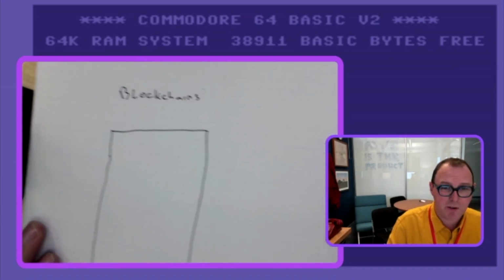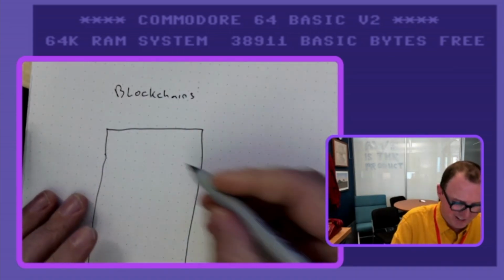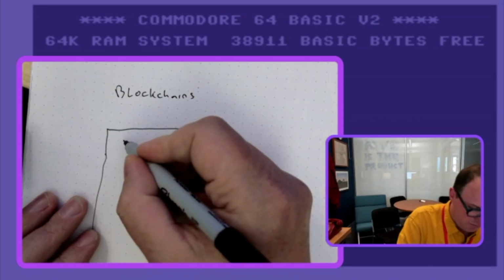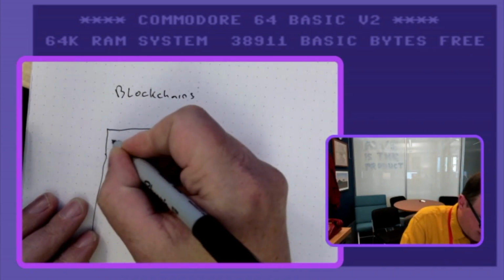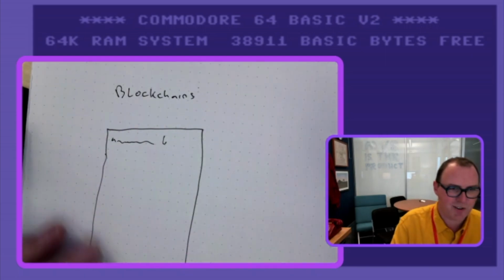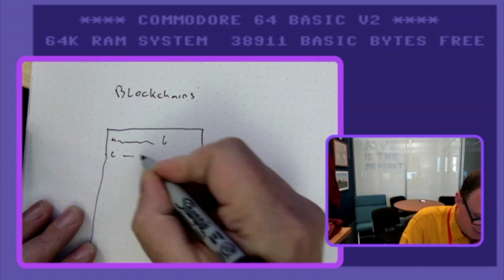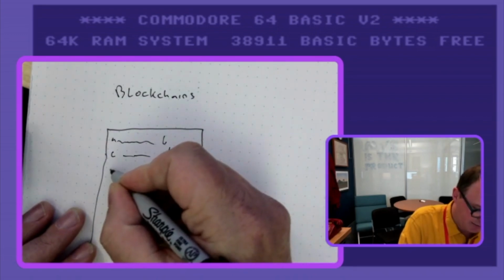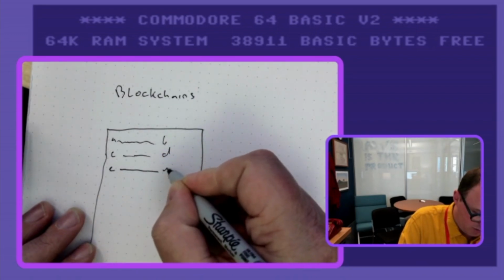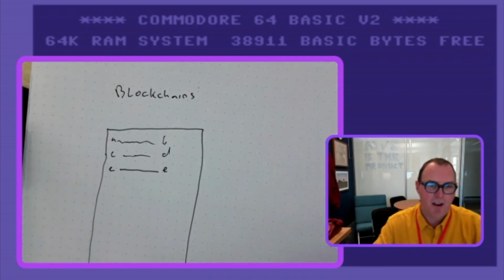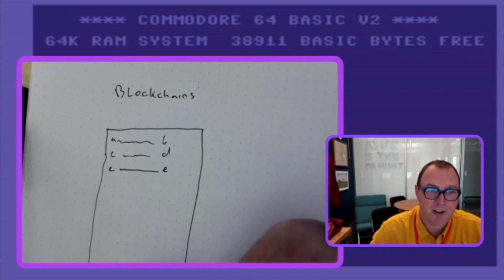In effect, it records transactions. You've got A sends money to B, say, or A does something with B, and C with D, and so on, at time X, and all these transactions are recorded on the blockchain.